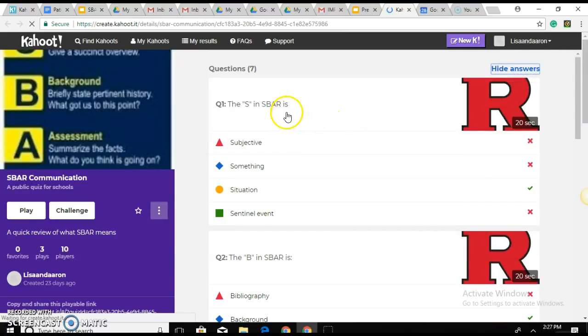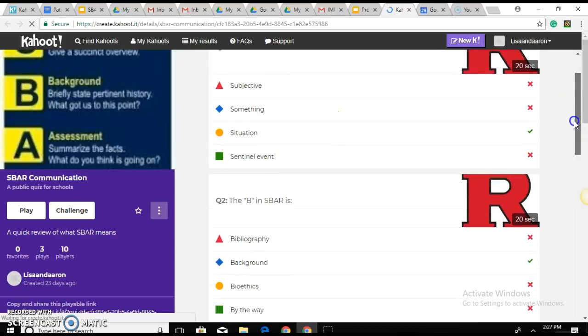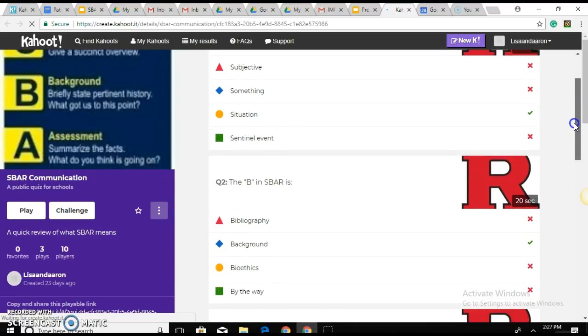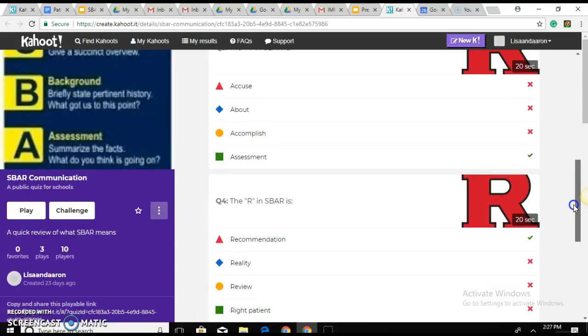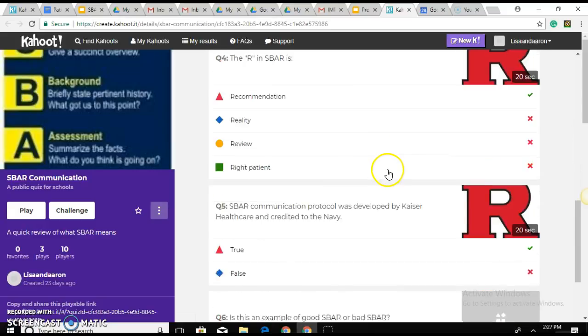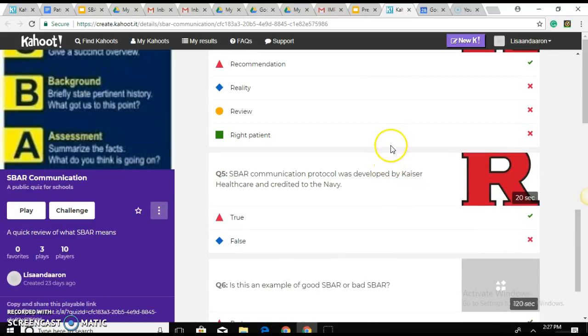The first one is I wanted them to identify the S in SBAR. The second question was I wanted them to identify the B in SBAR. Number 3, the A in SBAR. Question 4, the R in SBAR. Question 5, I wanted to assess their knowledge of the history of where the SBAR communication technique came about.